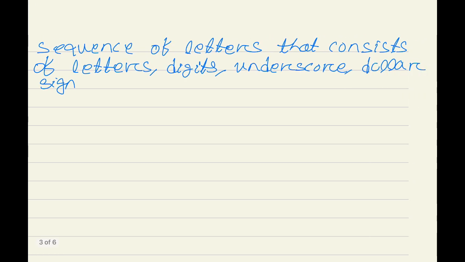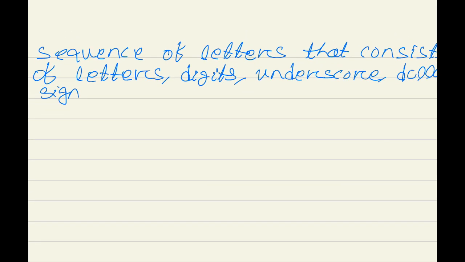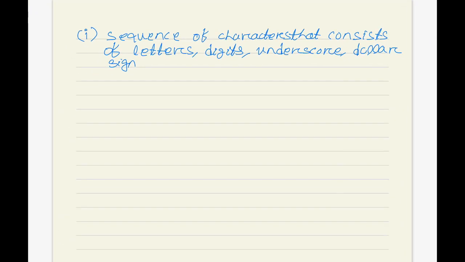So you can see the identifier is a sequence of characters that consists of letters, digits, underscore and dollar sign.